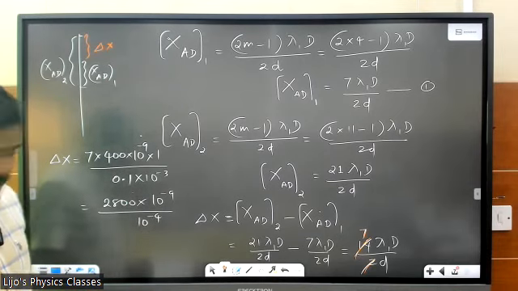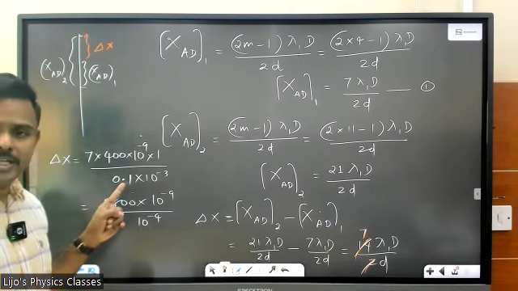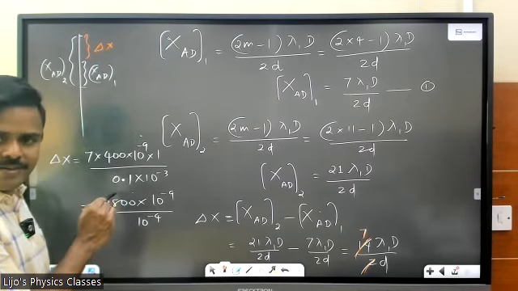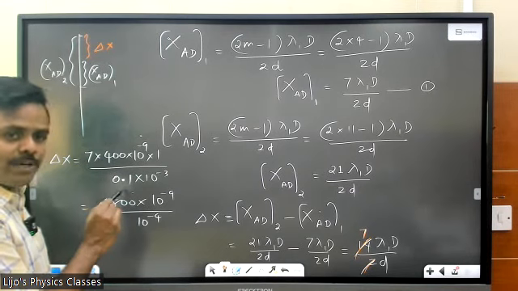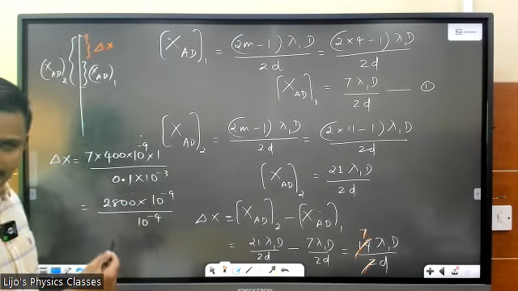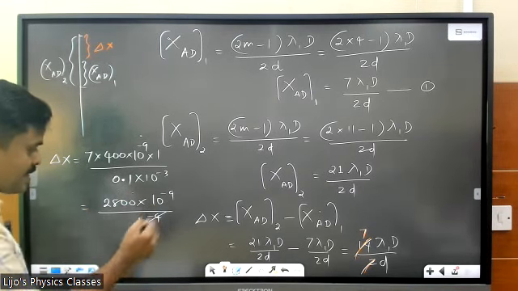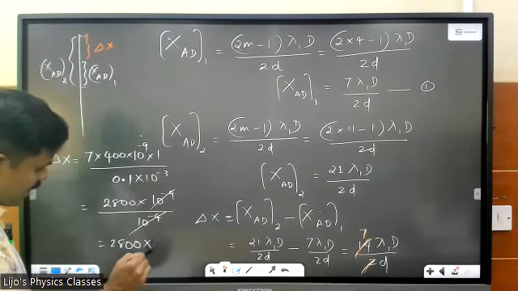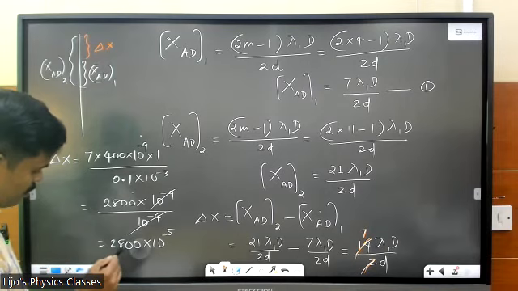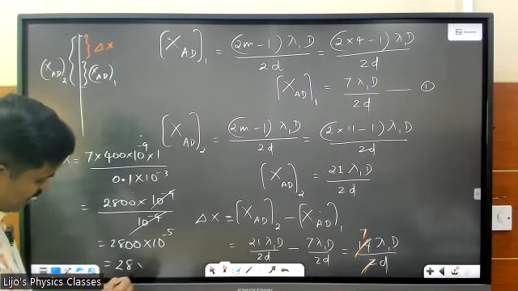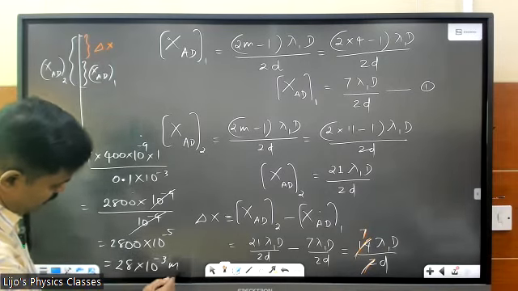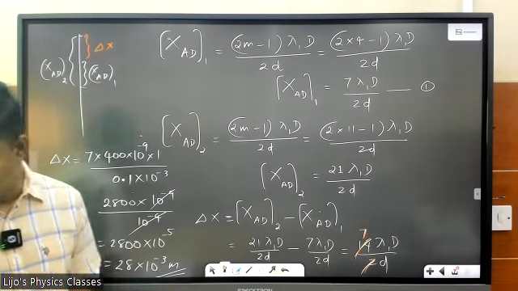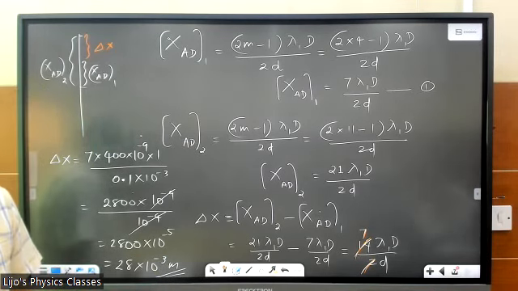And these are cut. You get 2800 into 10 power minus 5. Two places down, 28 into 10 power minus 3 meters. 10 power minus 3 is called milli, right? So 28 millimeters. Understood this?